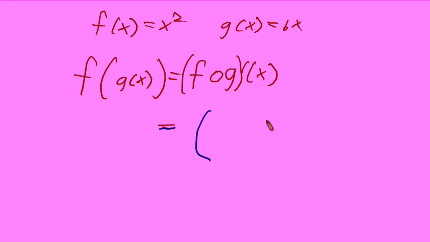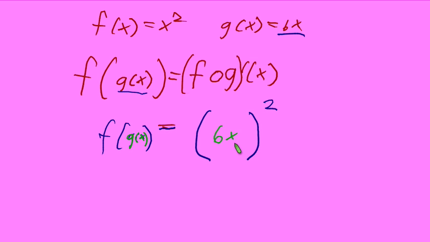Using our placeholder strategy from before, your f of x equals x squared, and g of x goes right into the parentheses. Let me color code this. The blue parentheses represent the parentheses produced by your f of x, and the green is your actual g of x.